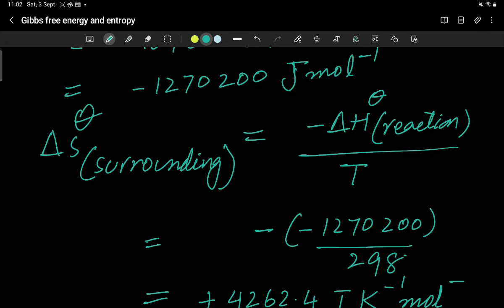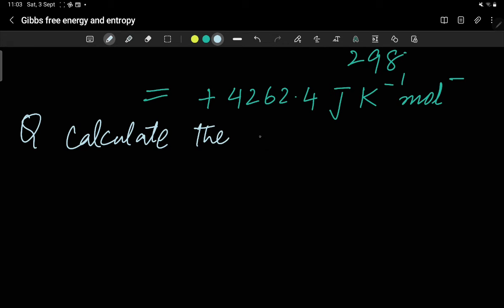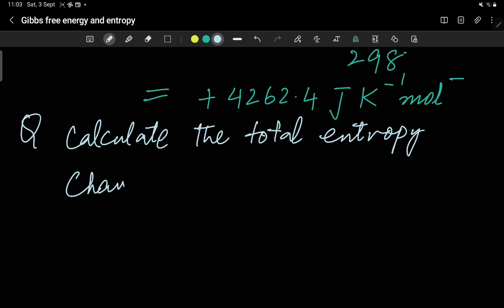So there is another question. Calculate the total entropy change for the reaction.